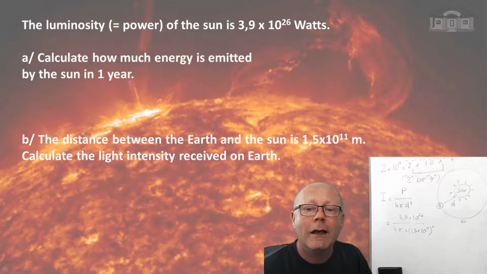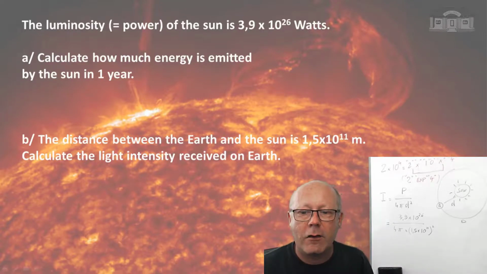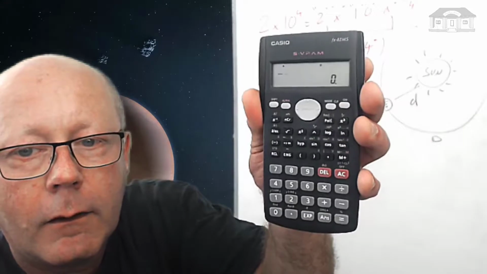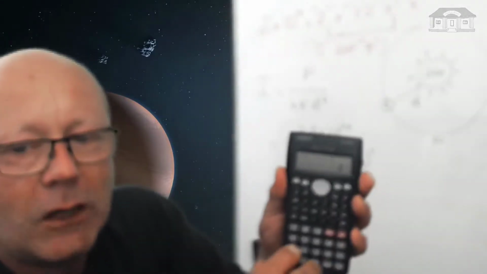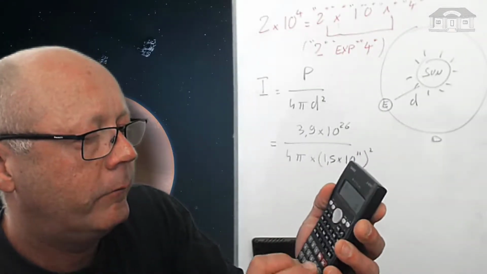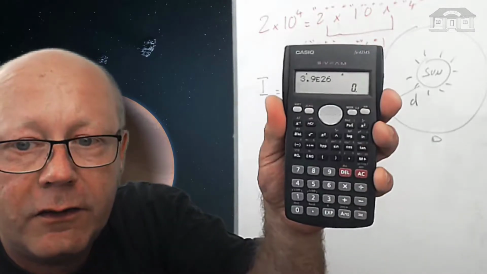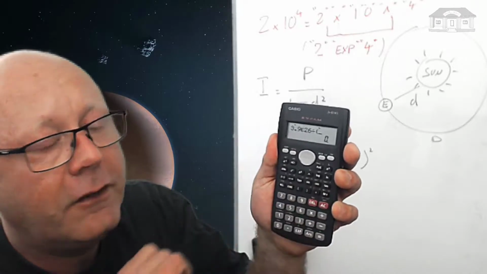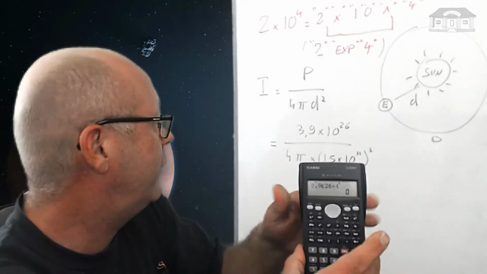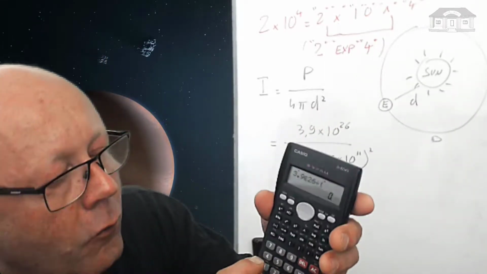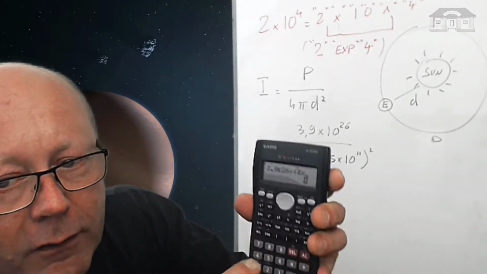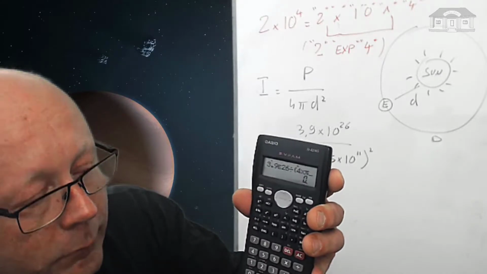Right, so let's type this in our calculator. I will go back onto the main screen. Ready. So 3.9 × 10^26, divided, and then I'm going to put some brackets because there's lots of stuff under here. 4 multiplied by pi, so shift and the button where there's pi.